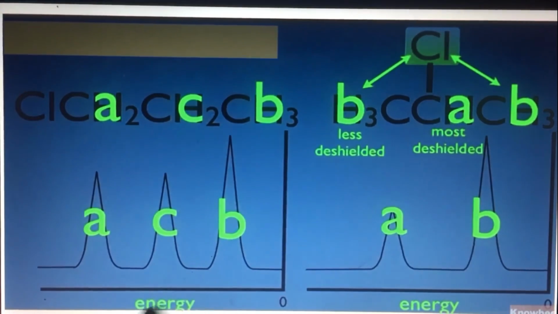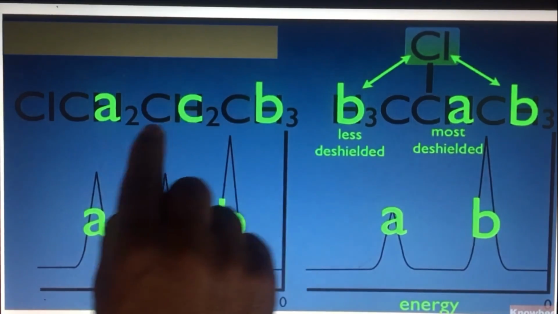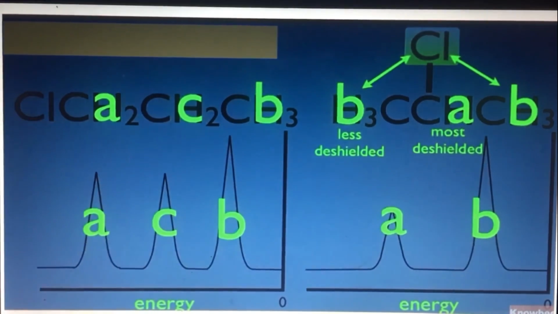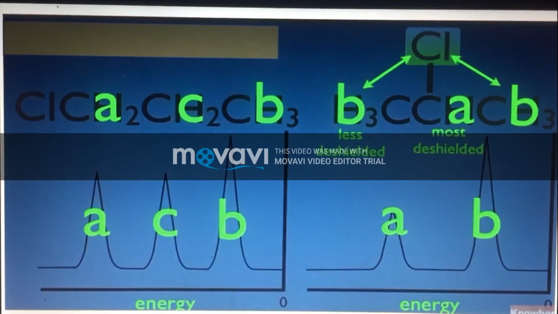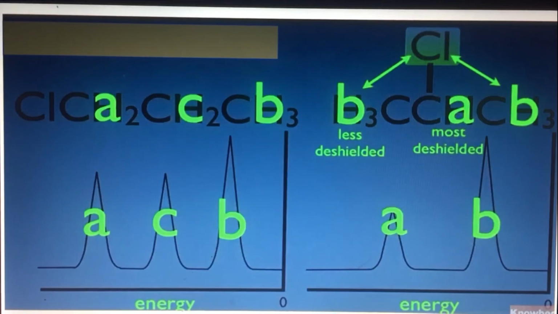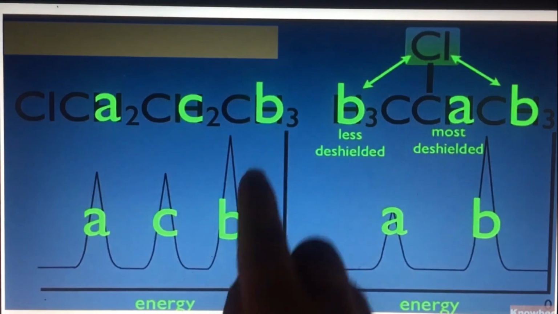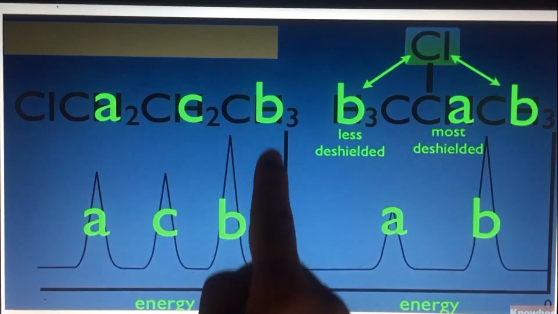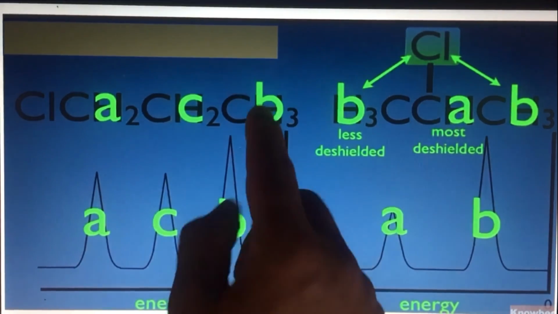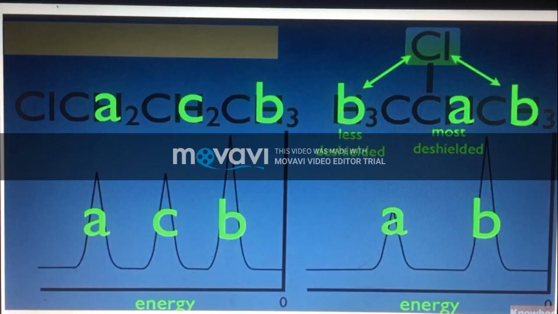Okay, then this one is also close by, but not like A. That's why another peak for C comes between right here. But in case of this one, it is far away from the chlorine, so this is shielded. So less energy is required to put this atom into resonance.